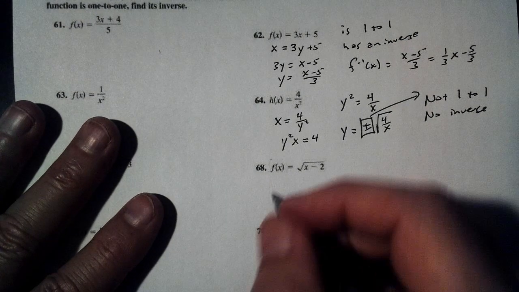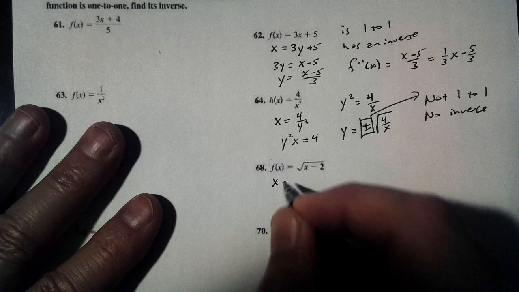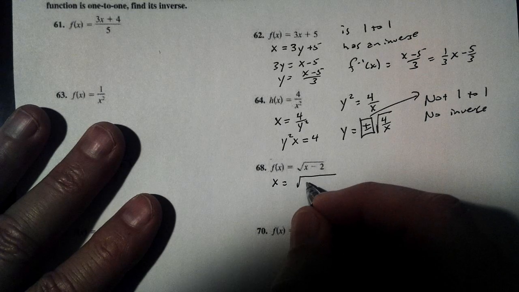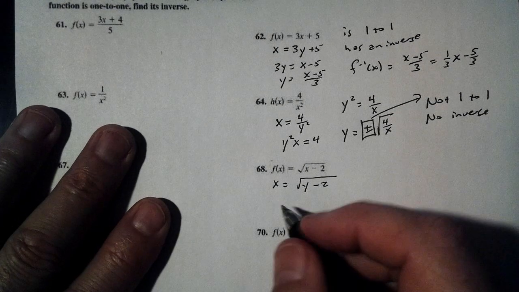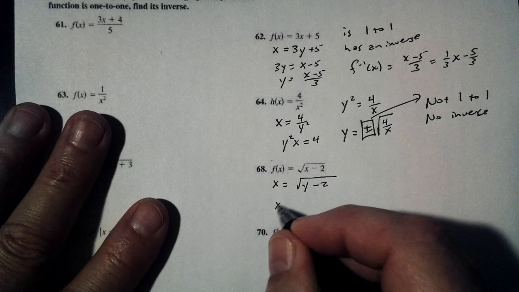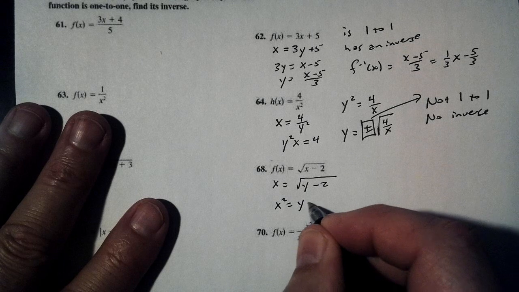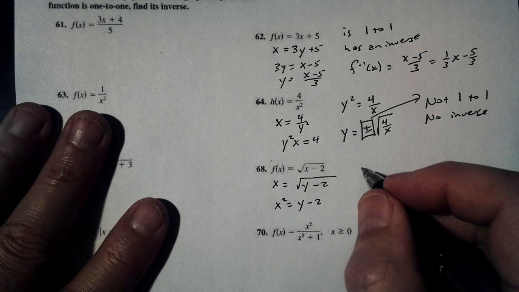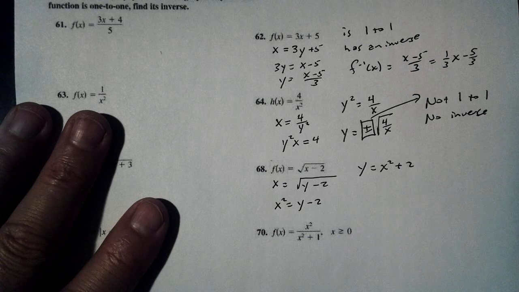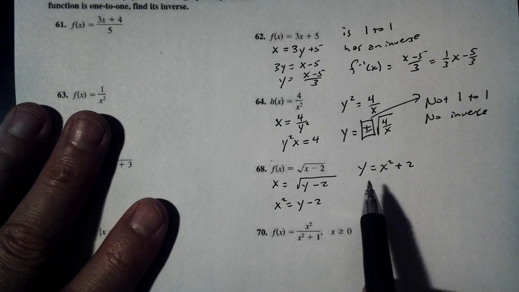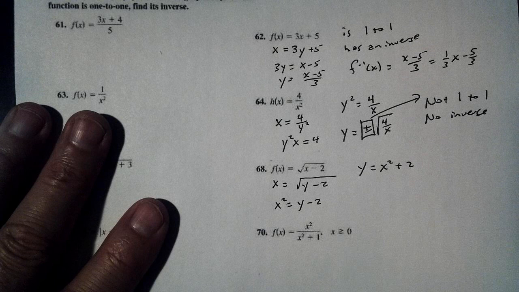68. x equals y minus the square root of y minus 2. So solve for y. x squared equals y minus 2. y equals x squared plus 2. Is that a problem? Not a problem at all.